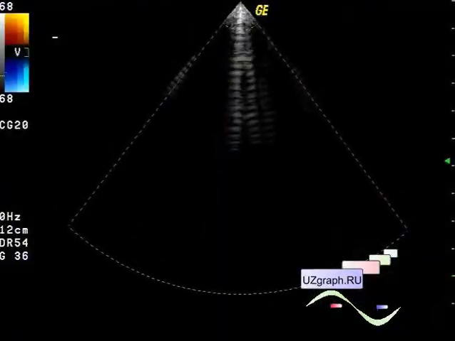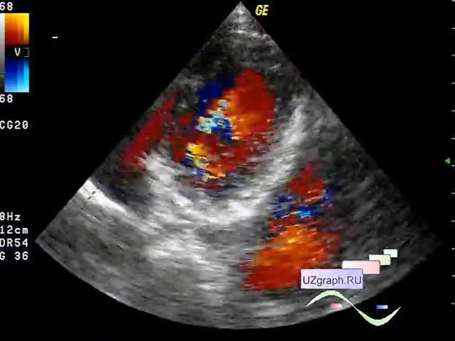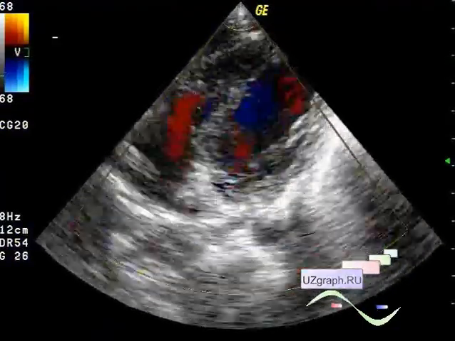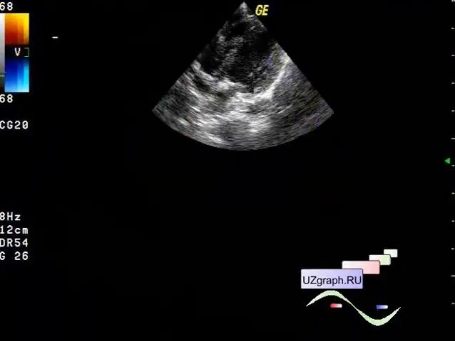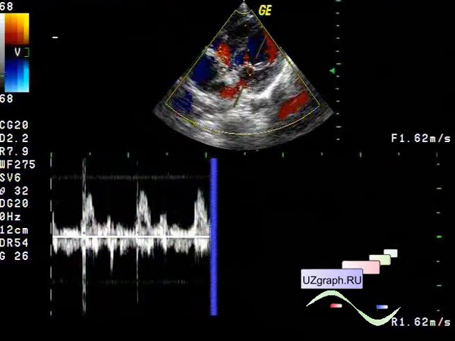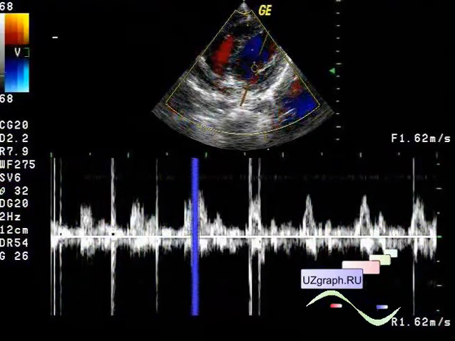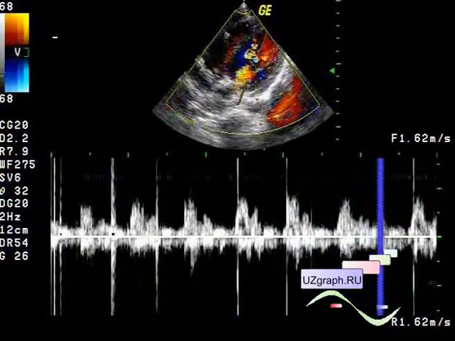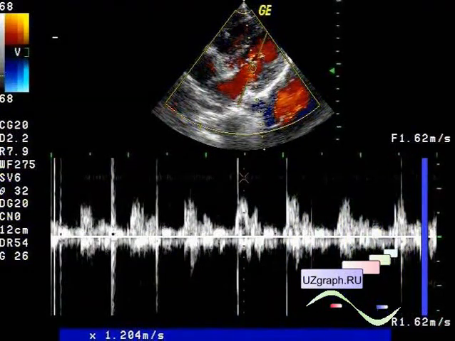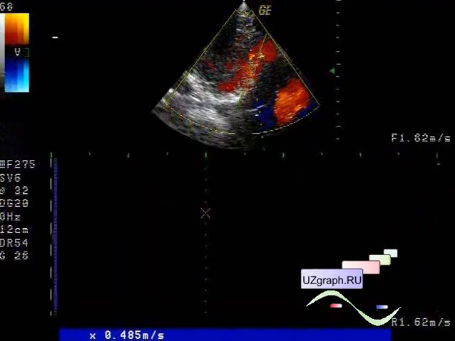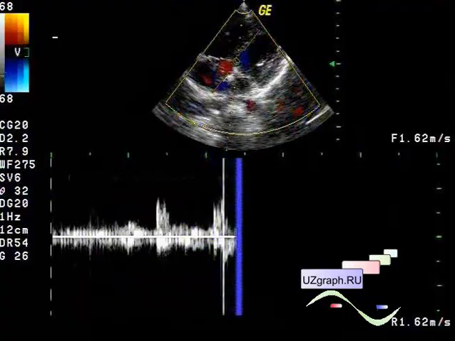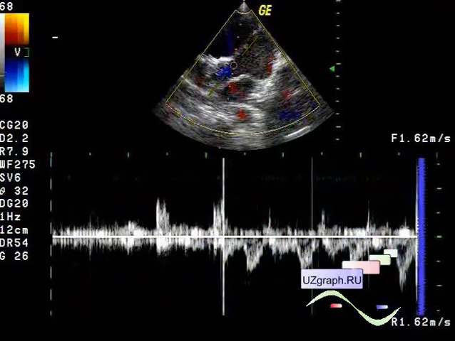Now we turn on the color flow mode and spectral mode, pulse wave. In the spectral mode we measure peak systolic velocities in the mitral valve. Next, aortic valve.